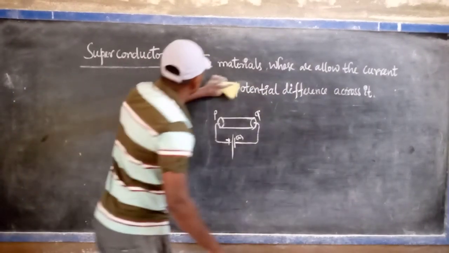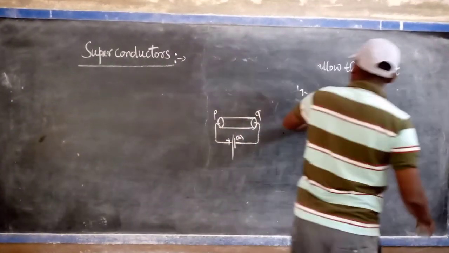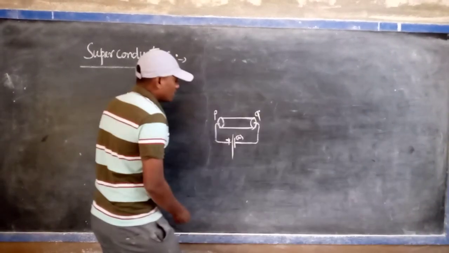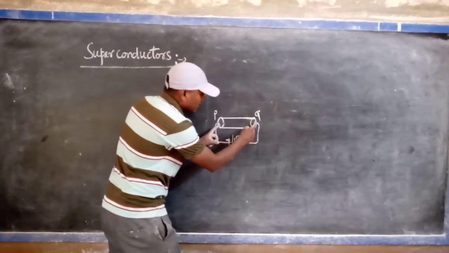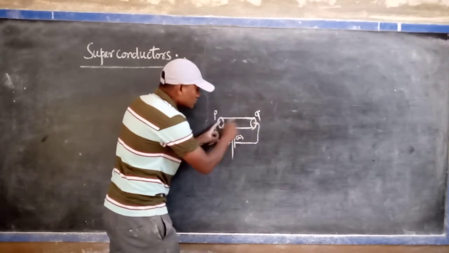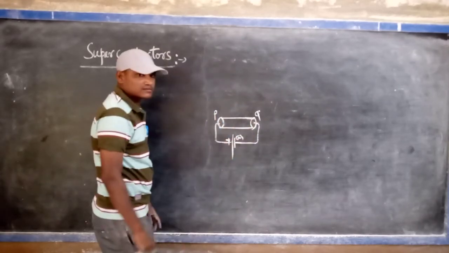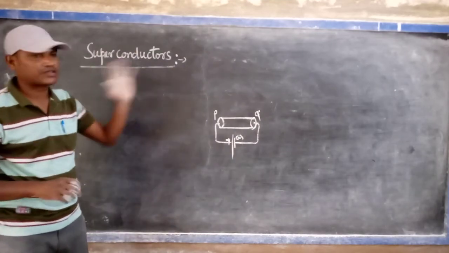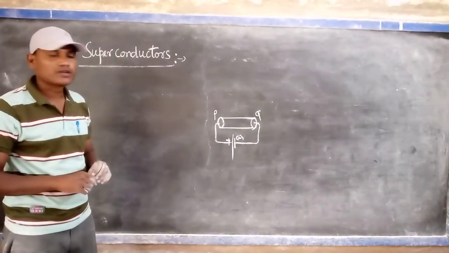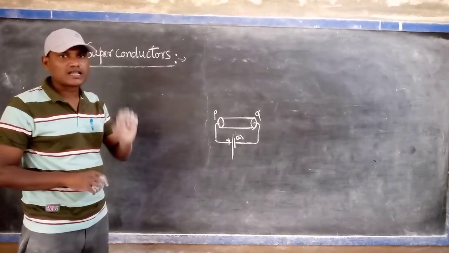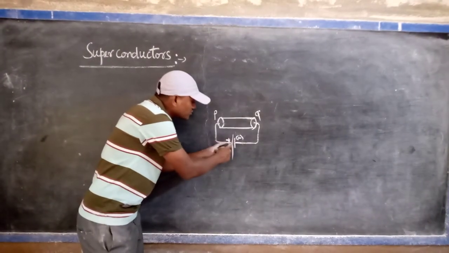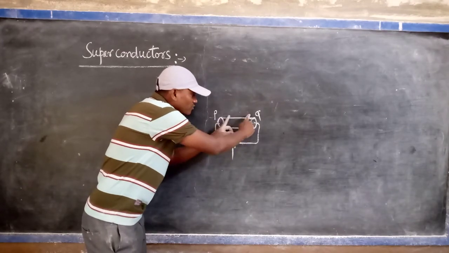Based on that, you can write the definition again. Listen very carefully. By connecting a battery at the two ends of the conductor, current is flowing through the conductor. Now we can remove the battery. We know that no current flows through the circuit. But in some conductors at a particular temperature, we observe that after we first connect the battery, current flows in the conductor.